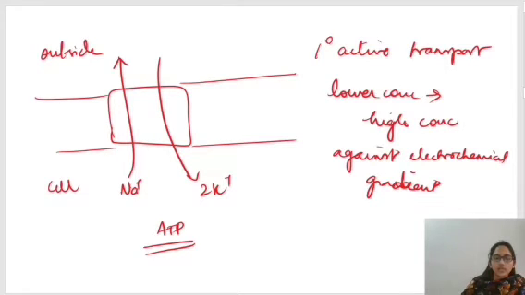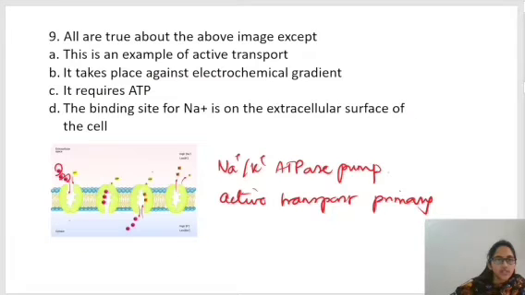The sodium potassium ATPase is one example. Also the potassium hydrogen ATPase pump in the gastric mucosa is another example of this. Understood? So let's see the options here.